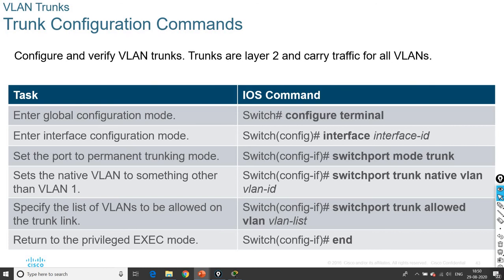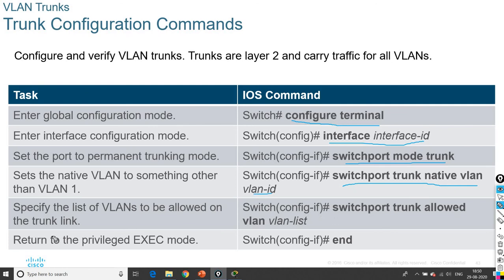Enter global configuration mode using the command configure terminal, and then enter interface configuration mode with the interface ID. Set the port to permanent trunking mode with switchport mode trunk, and set the native VLAN to something other than VLAN 1, that is switchport trunk native vlan VLAN ID.